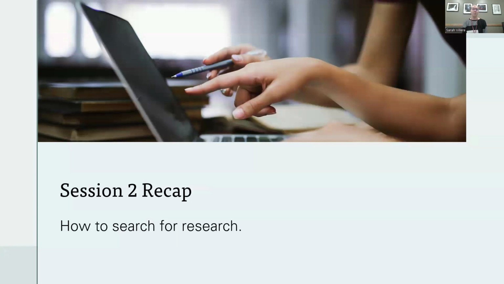And then we also talked about some searching tips using Boolean operators like and, or, not, using quotation marks, using truncation. We covered how to find evidence by searching a relevant database. And specifically, we looked at Access Medicine and Nursing and Allied Health Premium, which are both available through the library webpage. And then finally, we talked about how to access the research. So how to view it, how to download it, or save a full text.